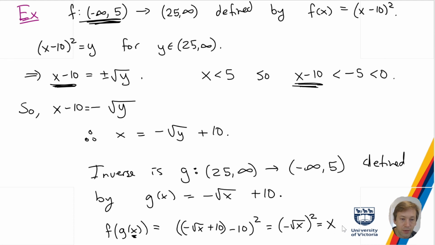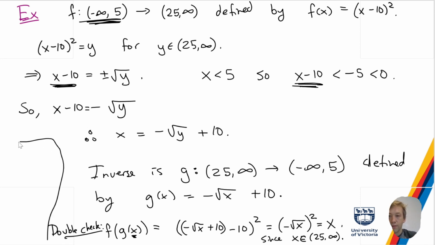So this is going to be equal to x. So all I'm doing here is double checking that if I take the composition of f and g applied to x, then I get x, okay? And I do. And if you take the composition in the other direction, you'll also get x.